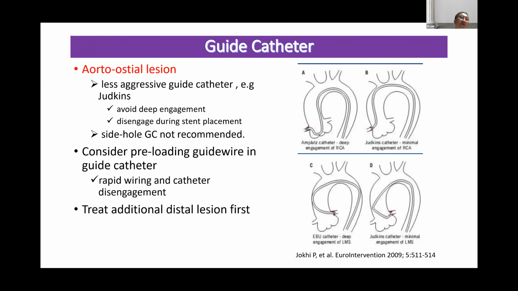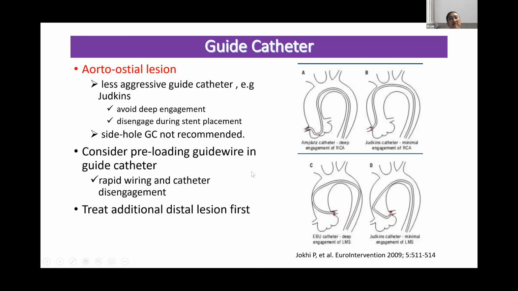This is to avoid deep engagement, and we can disengage more easily during stent placement. Of course, the guide catheter selection also depends on other factors. If there is an extensive calcified lesion that needs more support, then an appropriate guide catheter can be selected. And a side hole guide catheter is not recommended.